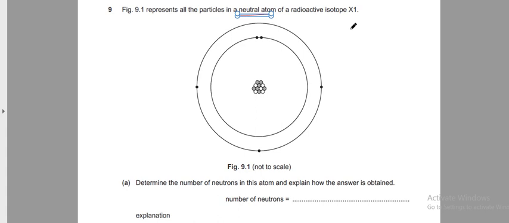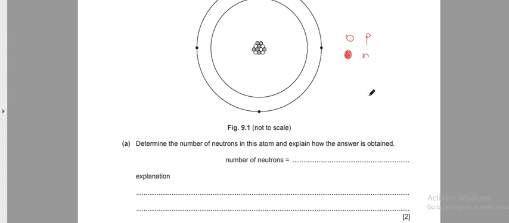So we have here 5 white small spheres, which represent the protons, and the dark spheres represent the neutrons. The number of neutrons will be 1, 2, 3, 4, 5, 6, 7.